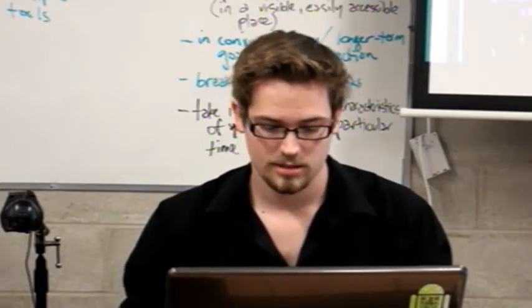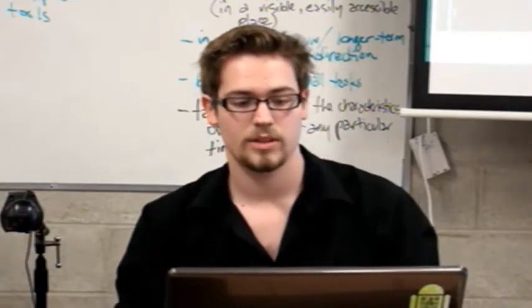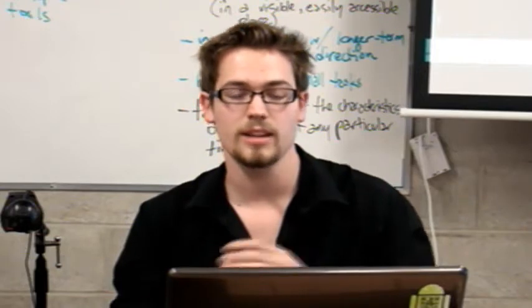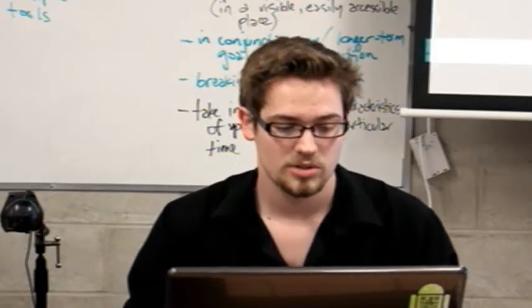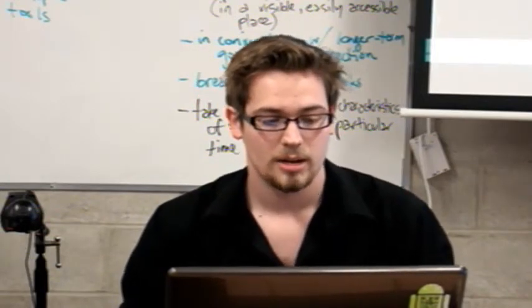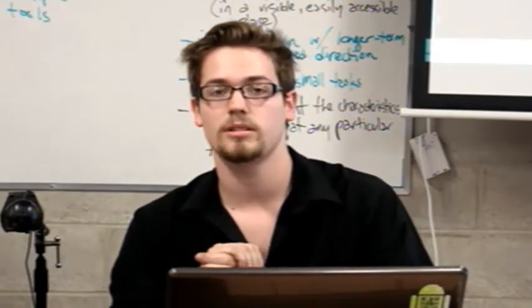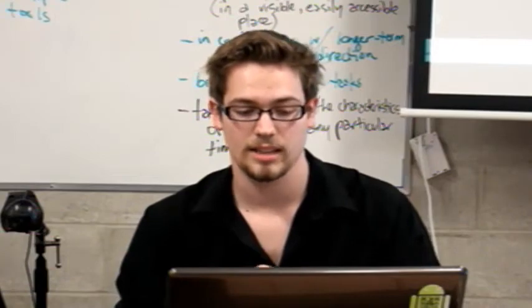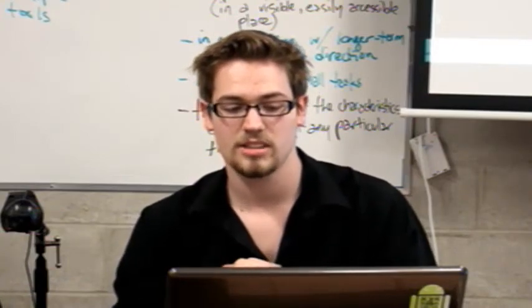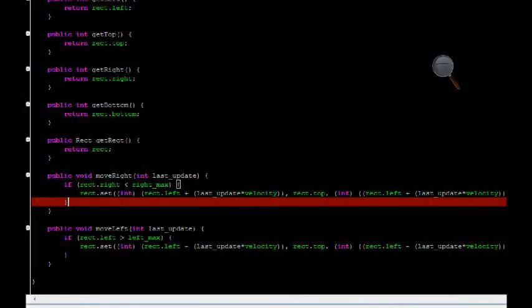After that, we have these 2 important methods, which are move right and move left. Okay? So we'll start off with move right here. It's basically the same as move left, and it gets 1 parameter when it starts, and that's the last update. That's just the amount of milliseconds between the last time the screen was updated and the most current time.